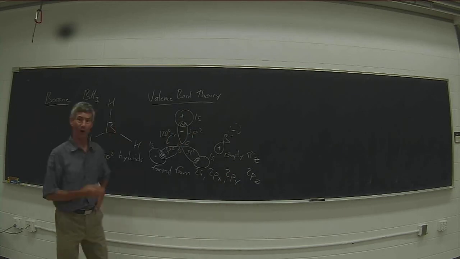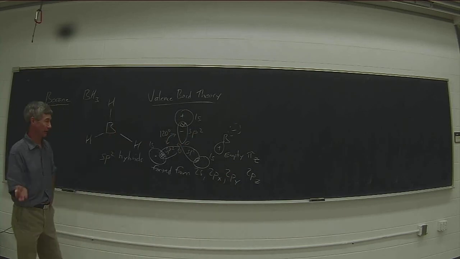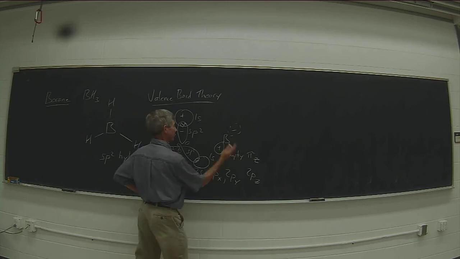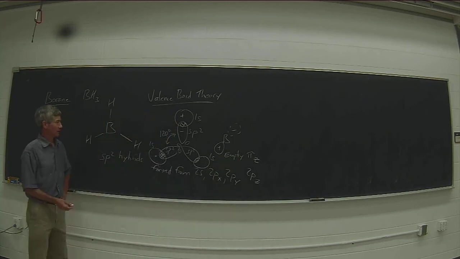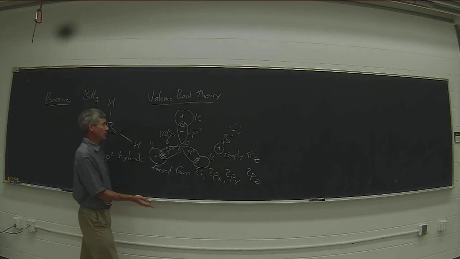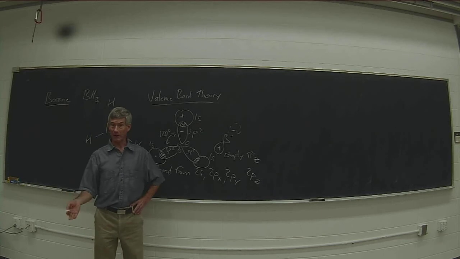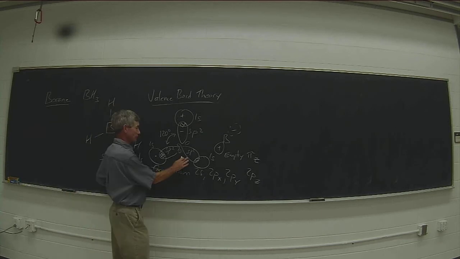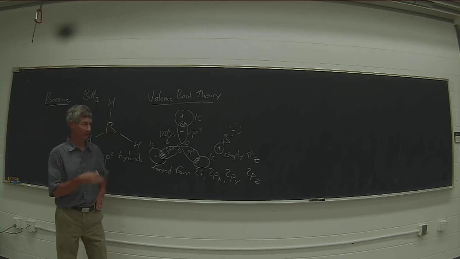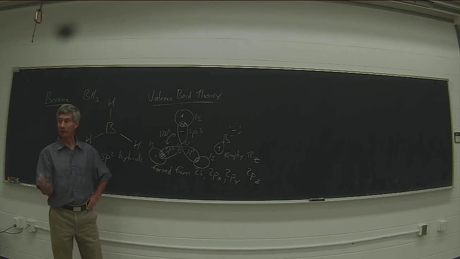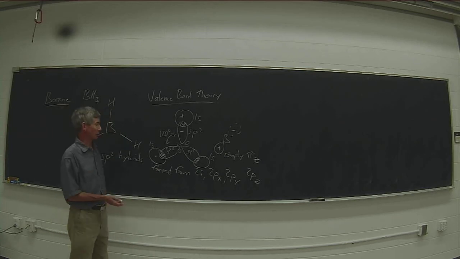We changed from the English alphabet to the Greek alphabet. Usually when you're doing a valence bond theory picture, and I think our textbook only shows the bonding orbitals and doesn't show the antibonding orbitals. But in principle, there is an antibonding orbital as well.